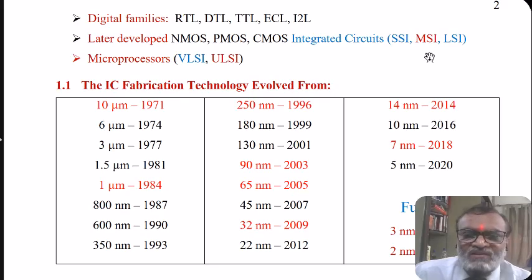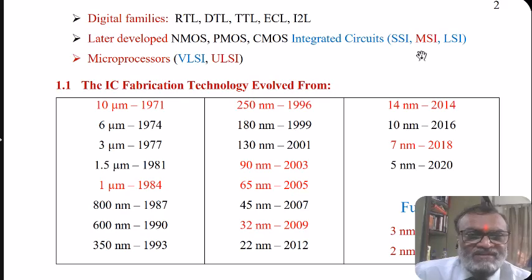Depending on the size and complexity of the electronic circuit to be fabricated on chip, the technology evolved from SSI, that is called small scale integration, MSI, medium scale integration, and LSI, large scale integration.